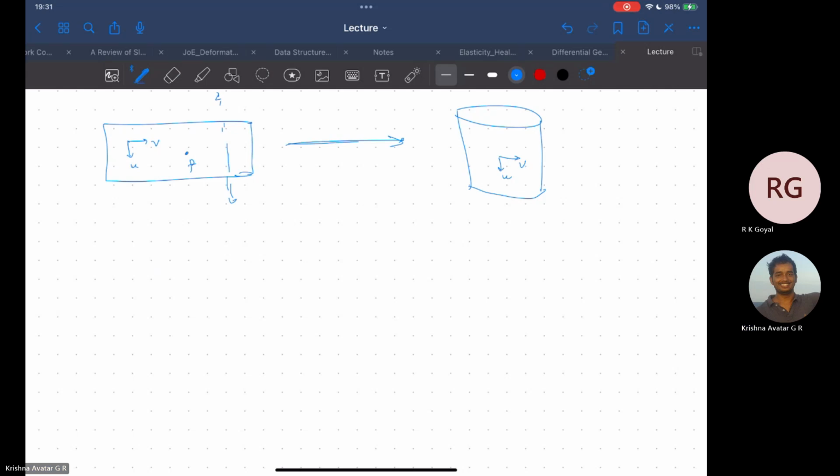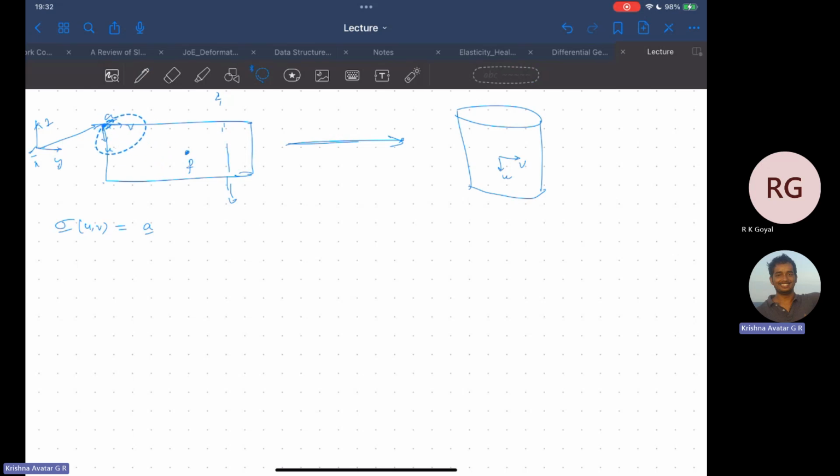So any point p vector on a surface will be represented as sigma of u comma v is equal to a vector, which means that, let this be the a vector, the position vector of this corner with respect to the xyz frame, with the origin of the xyz frame. So this is the a vector, and then we can traverse all the way here.